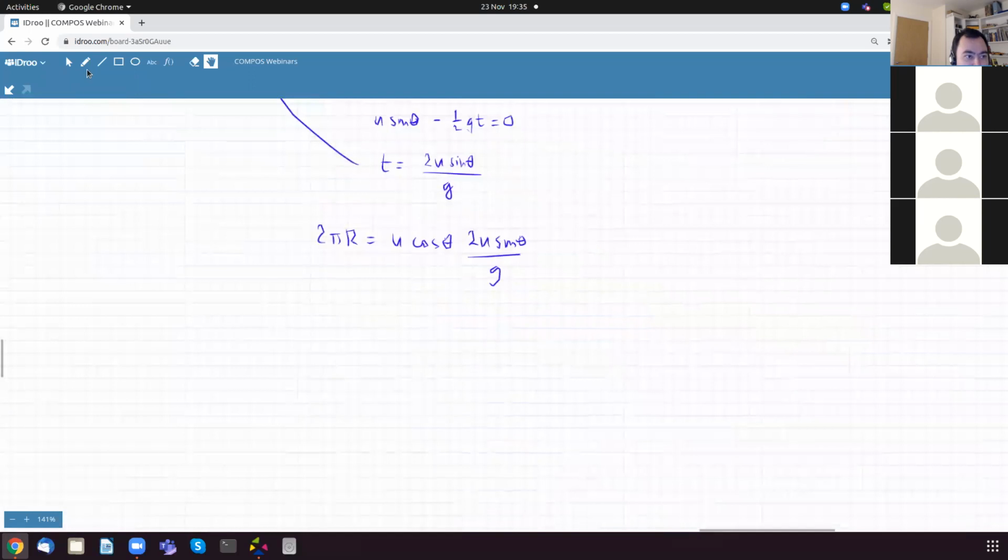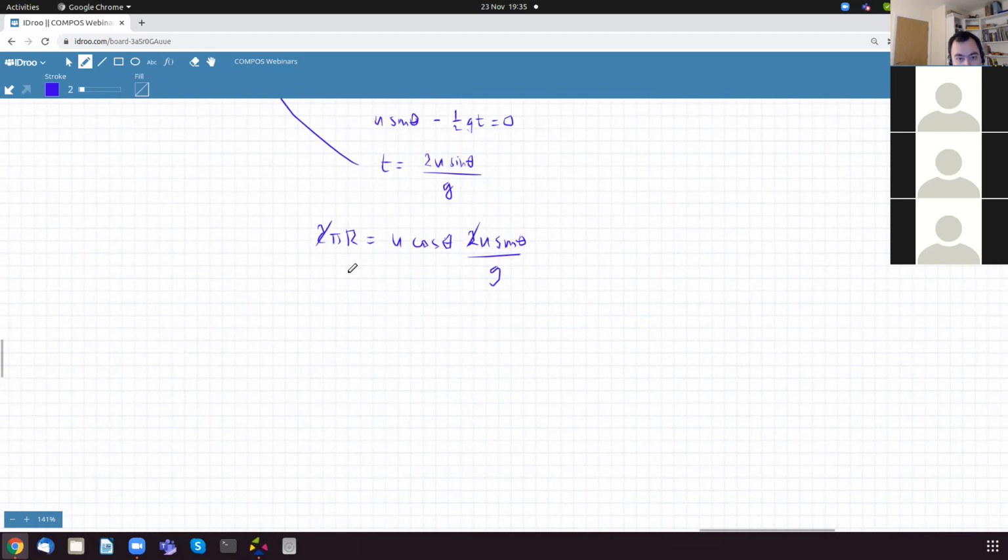And you get, so 2 cancels out, and we have g pi r equals u squared cos theta sine theta.